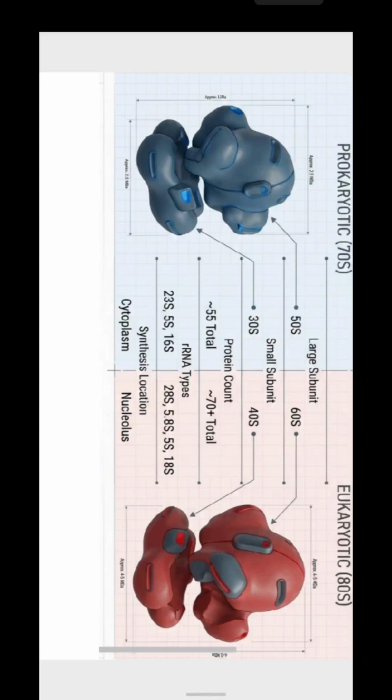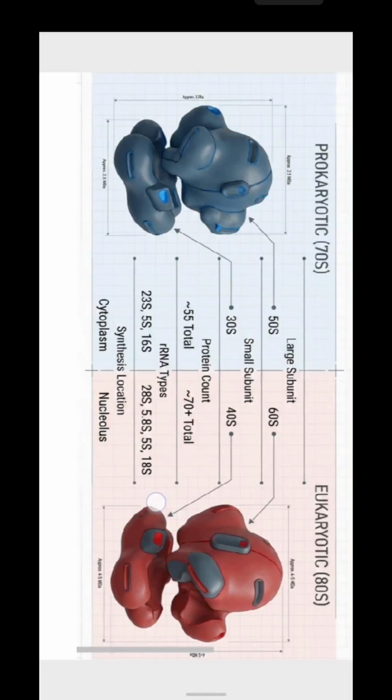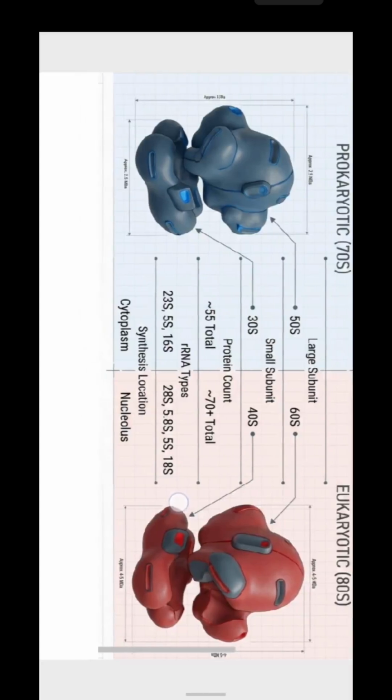If we talk about the constituents of these particles, they are formed by rRNA, called ribosomal RNA, and proteins. So they are basically called ribonucleoproteins.